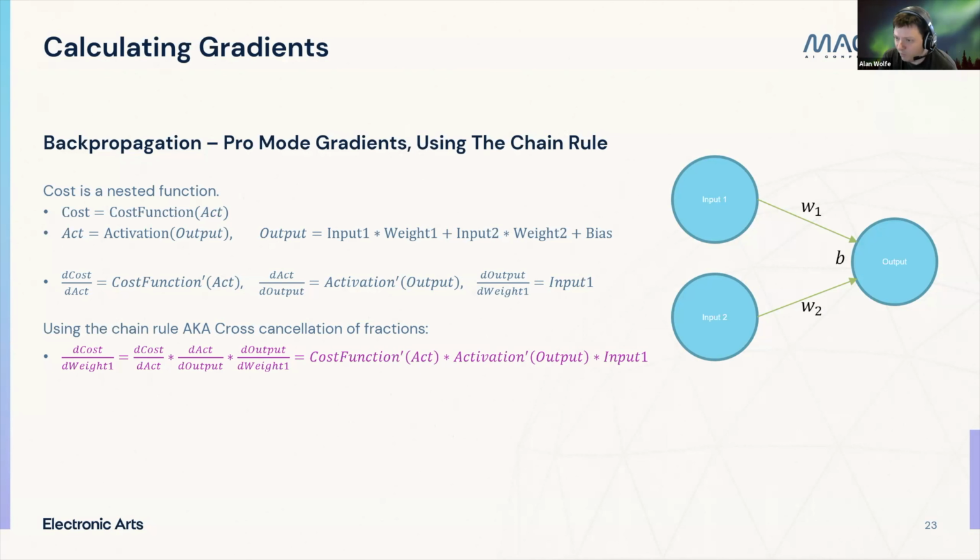As you can see in the purple, doing some cross cancellation of those derivatives, we're left with delta cost over delta weight 1, which in English means: if we add 1.0 to weight 1, how much will that add to cost? That's what this derivative tells you. And on the right of the purple, you can see it's pretty simple to calculate.